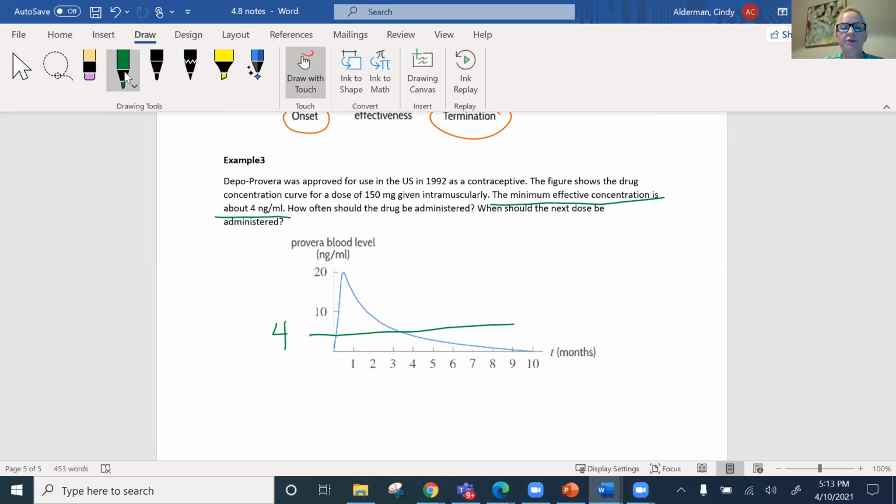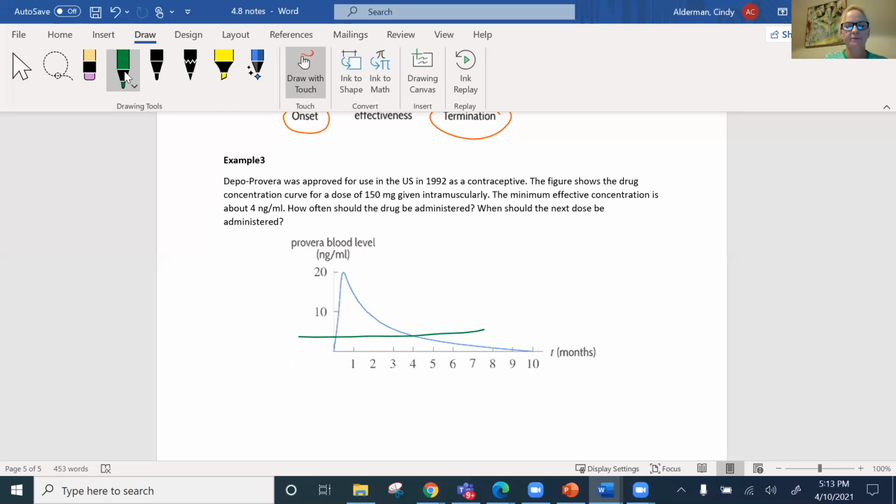How often should the drug be administered? Well, I'm going to draw a better line than that. Let's see if that's 5. 4 is just below it. That's not the line I want.